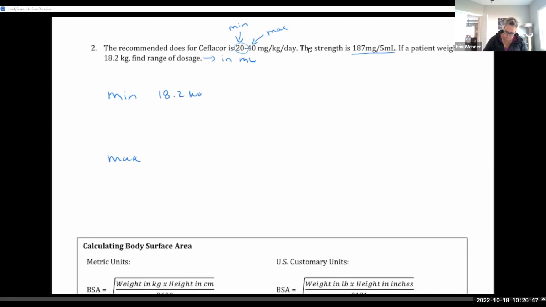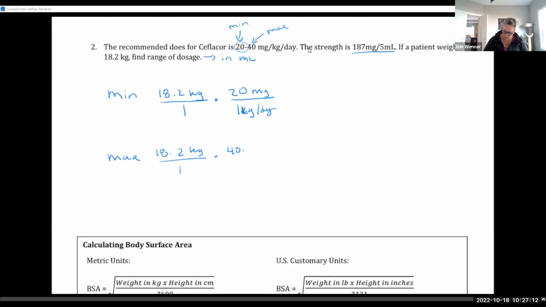With these, we always start with the patient's weight, meaning we know that the patient weighs 18.2 kilograms. We're then going to use the dosing, which says for the minimum, we've got 20 milligrams per kilogram per day. And for the max, we would do the 18.2 kilograms but multiply it by 40 milligrams per kilogram per day.